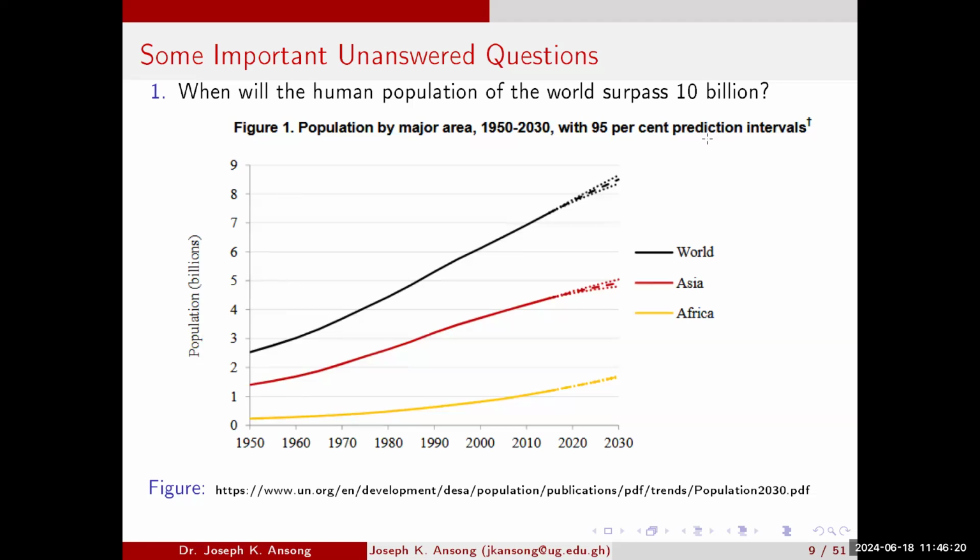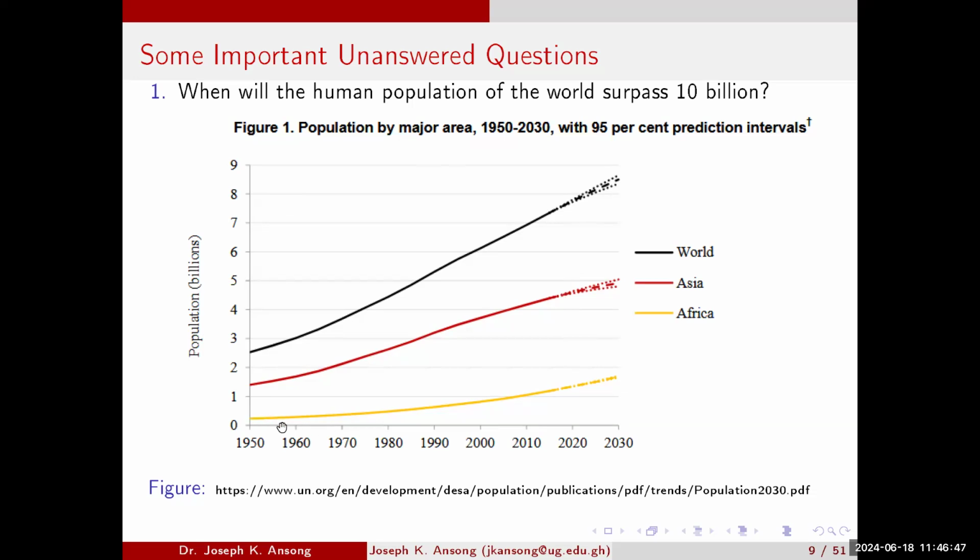Are you able to predict that? These are important questions for various organizations, the World Health Organization, the UN, because if you're able to make predictions, then you are able to make room to address challenging problems that will arise in different parts of the world, different continents. So that is why these are very important.